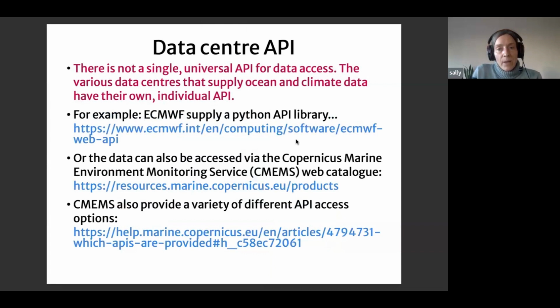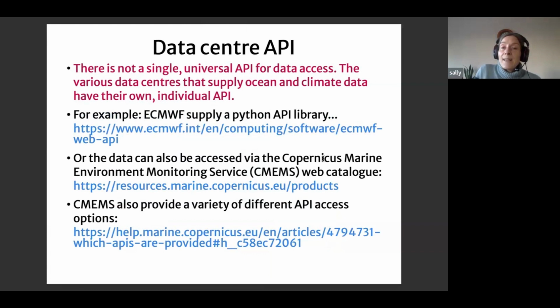So ECMWF give us one type of API, but as I mentioned earlier, each different data center has their own type of API. If we look at marine data specifically, a lot of that's distributed by the Copernicus Marine Environment Monitoring Service. They have a very big data portal where we can access lots of different types of data.